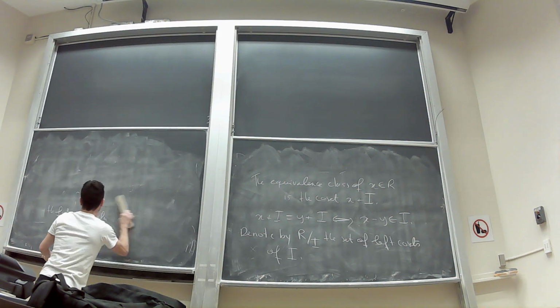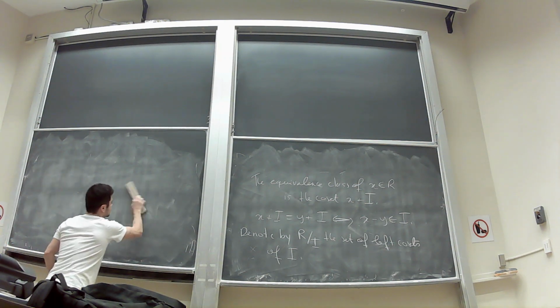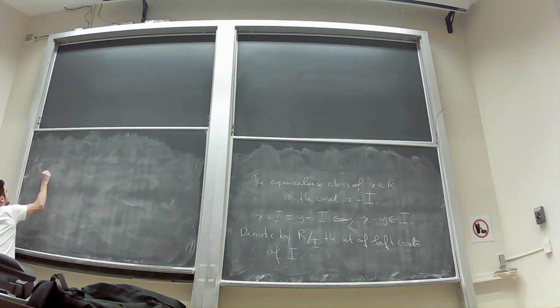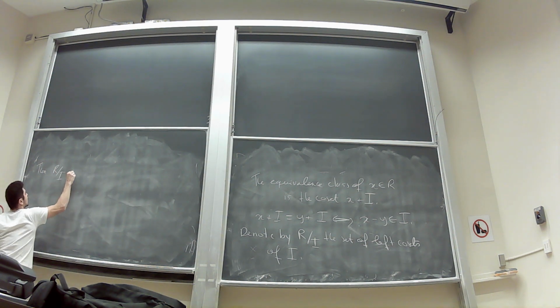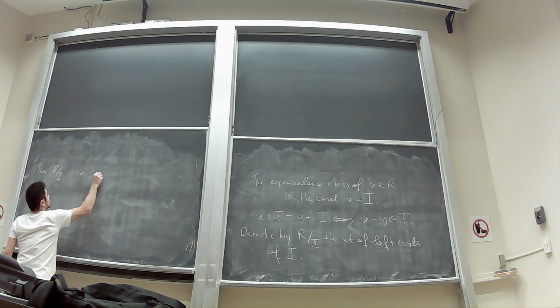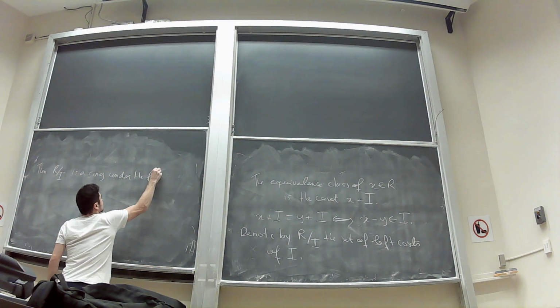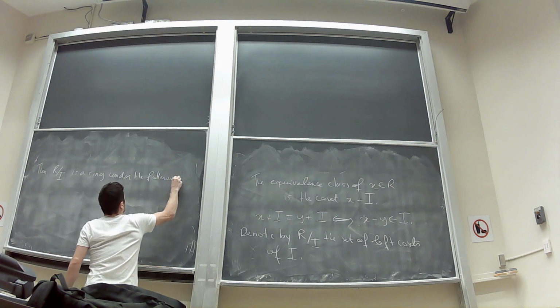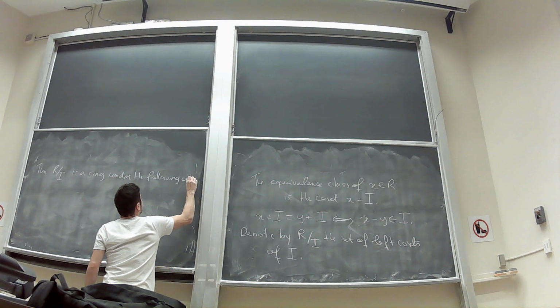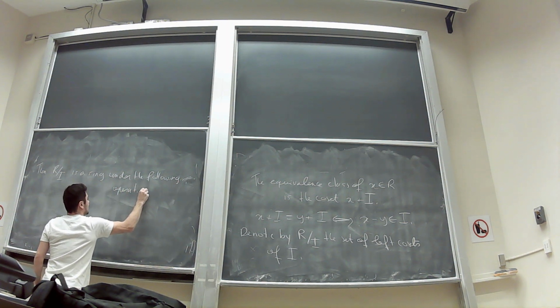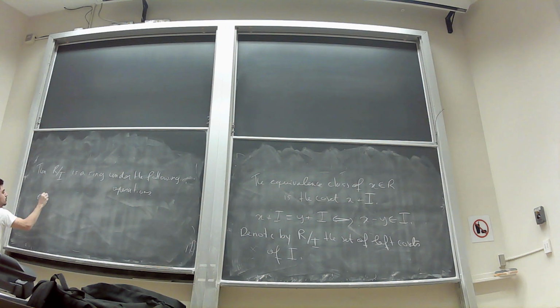And R mod I is a ring. Now I'm going to use the full power of groups. R mod I is a ring under the following operations. So how do I add two cosets?